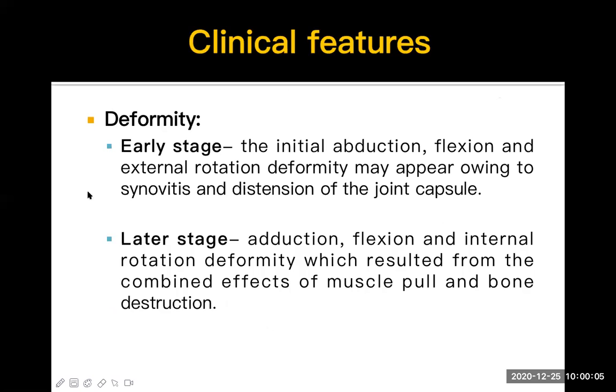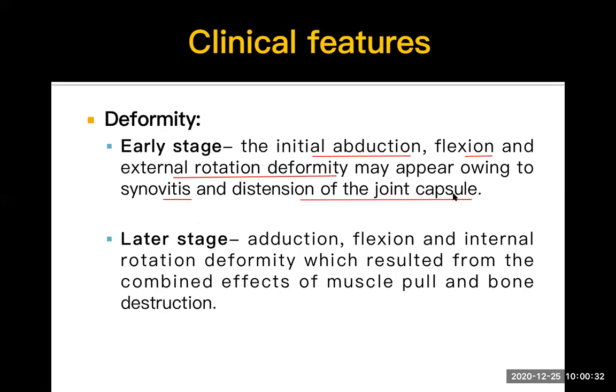Now see this. So early stage and later stage, the deformity may be slightly different. Okay, what are those differences? In the beginning, there is abduction, flexion, and external rotation type of deformity, which may appear owing to the synovitis and distension of the joint capsule.